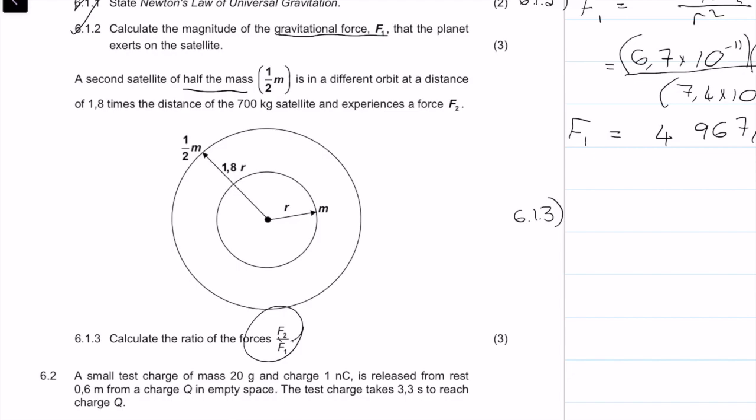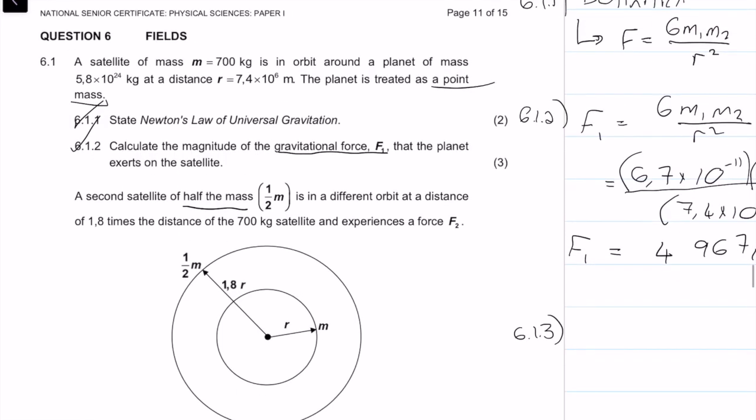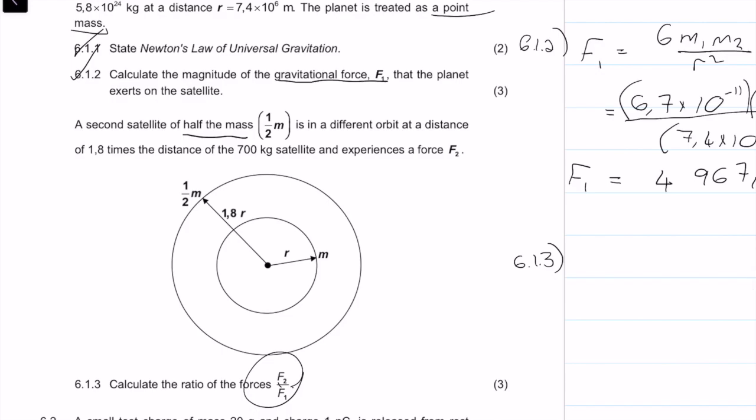Okay, so we can actually go and work it out. We can use the values: mass 2, or the new mass, is equal to half of mass 1, and R2 is equal to 1.8 times 7.4 times 10 to the 6.